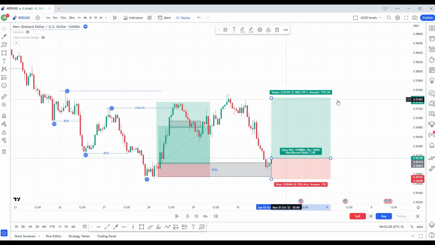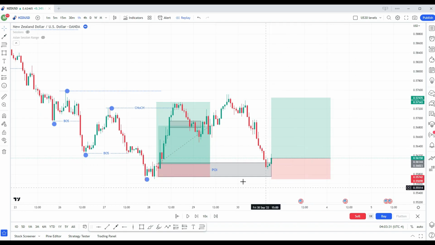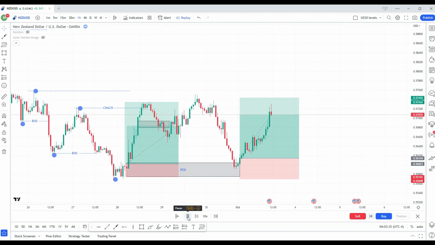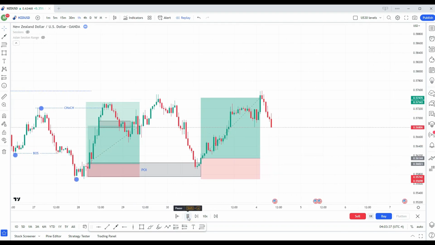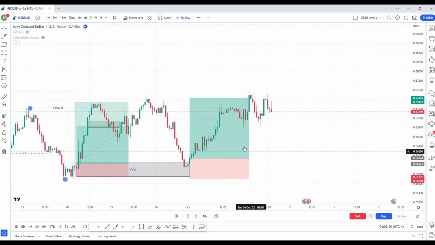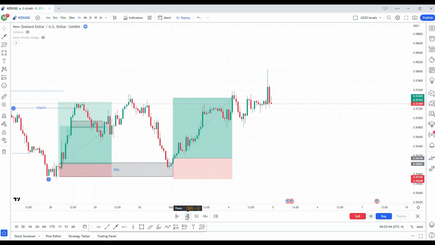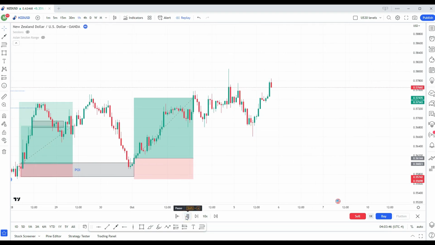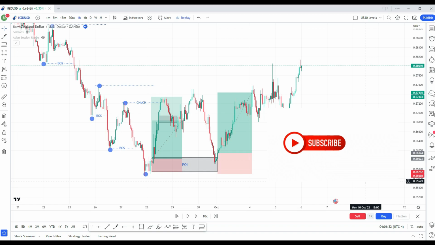You can trail your stop losses as the price continues. The first take profit has been hit. The market continued this far.